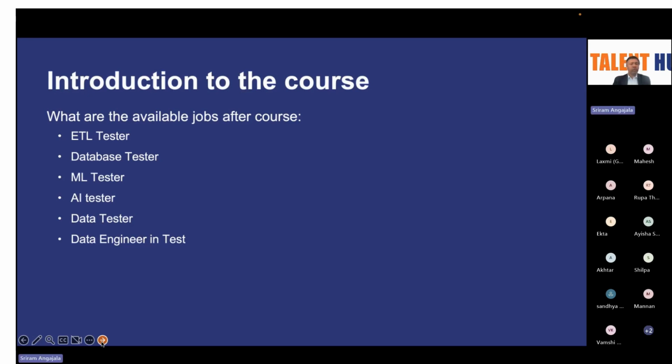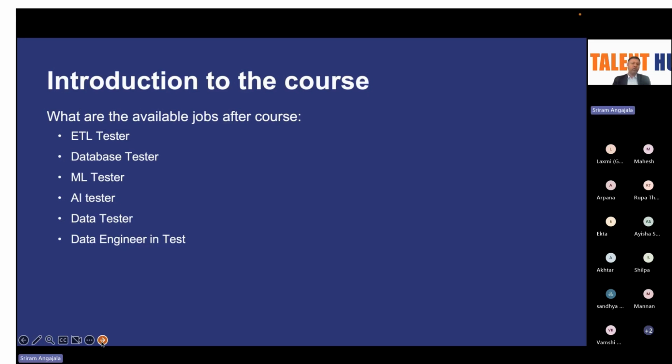And if a company wants to put people with this skill set in place, how do they train them? To train a person in AI is very difficult from a company's point of view, because there are a lot of basics that they need to teach. So companies don't want to train somebody. They would rather hire somebody than train existing people. That is exactly why, if you get trained, you will be very ahead of the game. So these are the roles that you will be applying for, and these are the roles for which there are no people in the market.